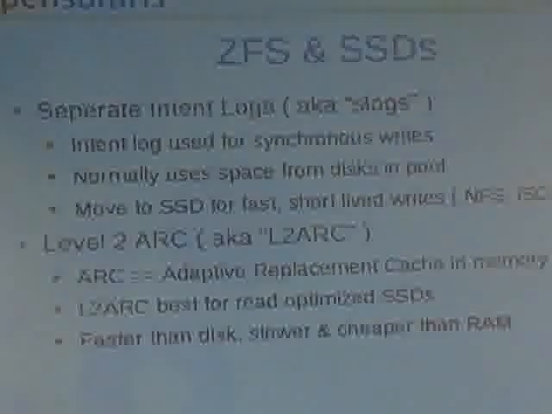On the read-optimized side, you have a level 2 ARC. The ARC is the adaptive replacement cache, which is basically your file system cache. On normal file systems, the system sets aside space in main memory for caching files and metadata.